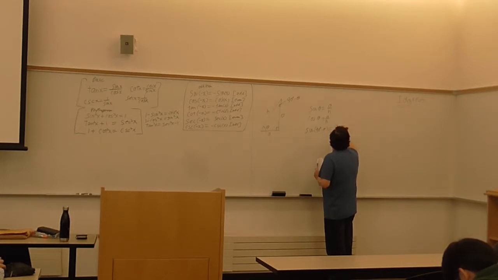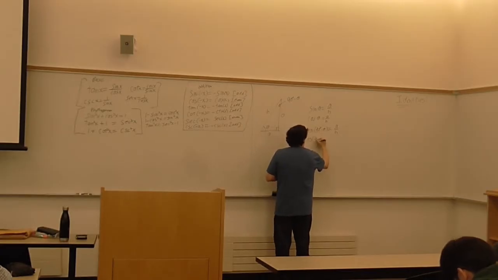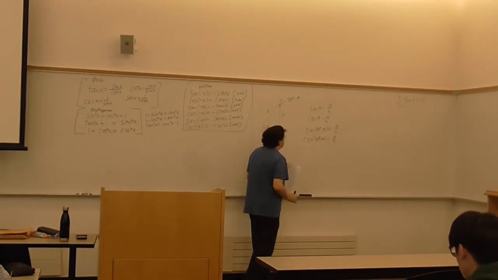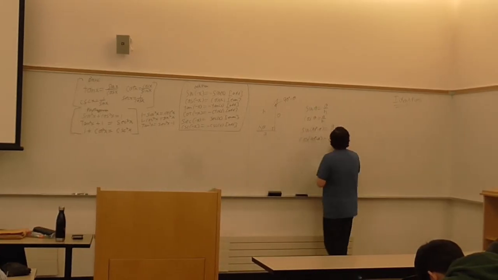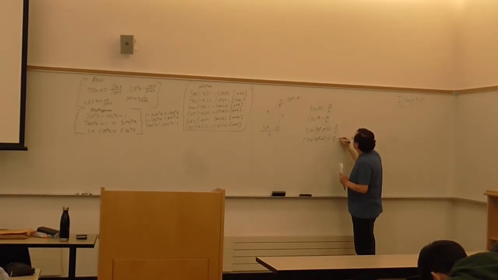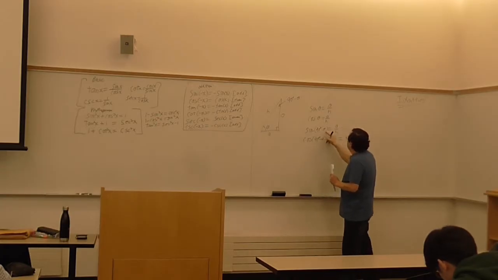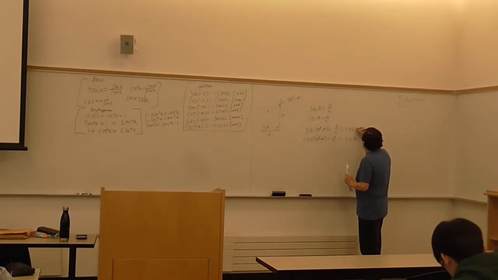It's A over H. And the cosine of 90 degrees minus theta is the opposite over H. But of course we can see both of these are equal to O over H, so the cosine of 90 degrees minus theta is the sine of theta. And the sine of 90 degrees minus theta is the cosine of theta.